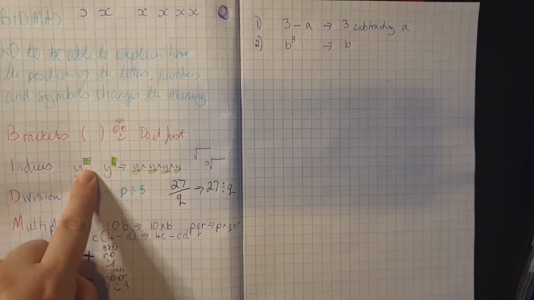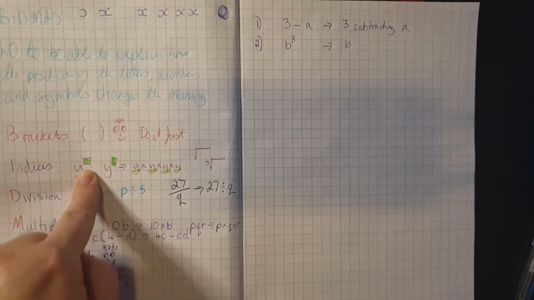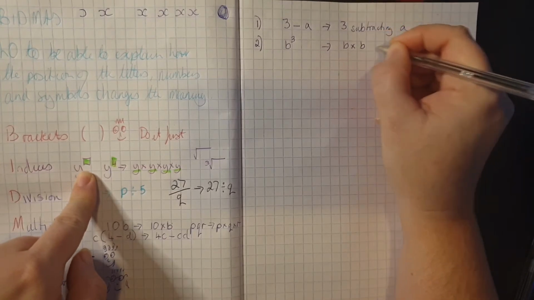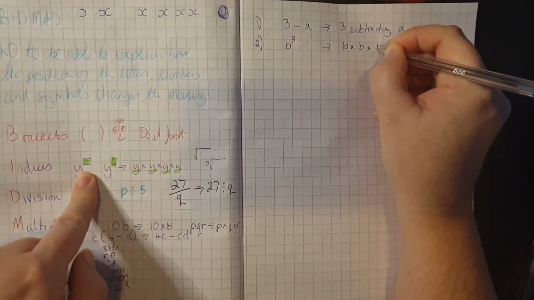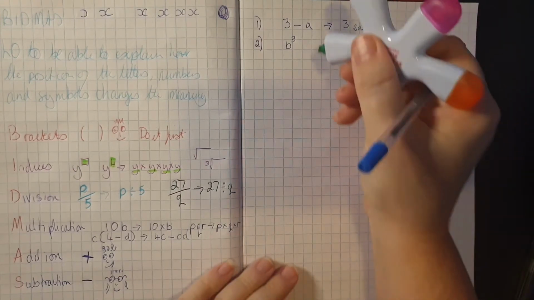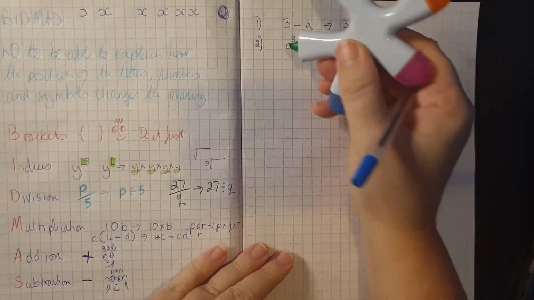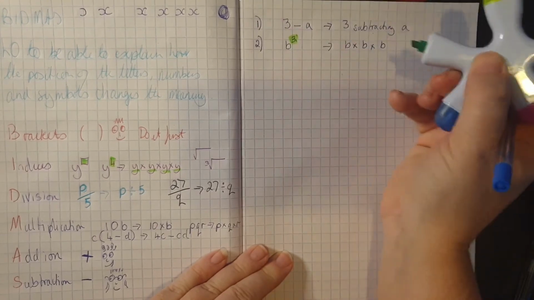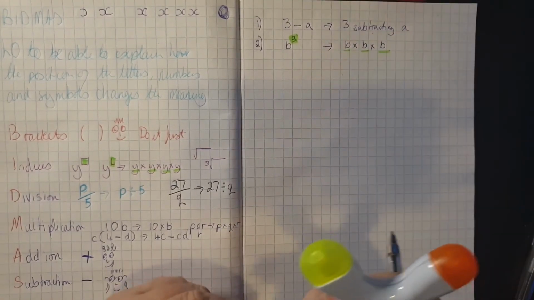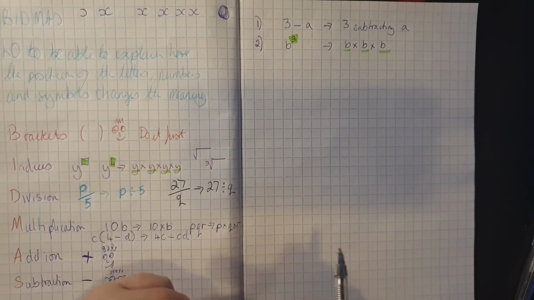It's written in that top right hand corner there. So we're taking B and we're multiplying it by itself 3 times because we have the 3 written in that top right hand corner. 1, 2, 3. B to the power 3.